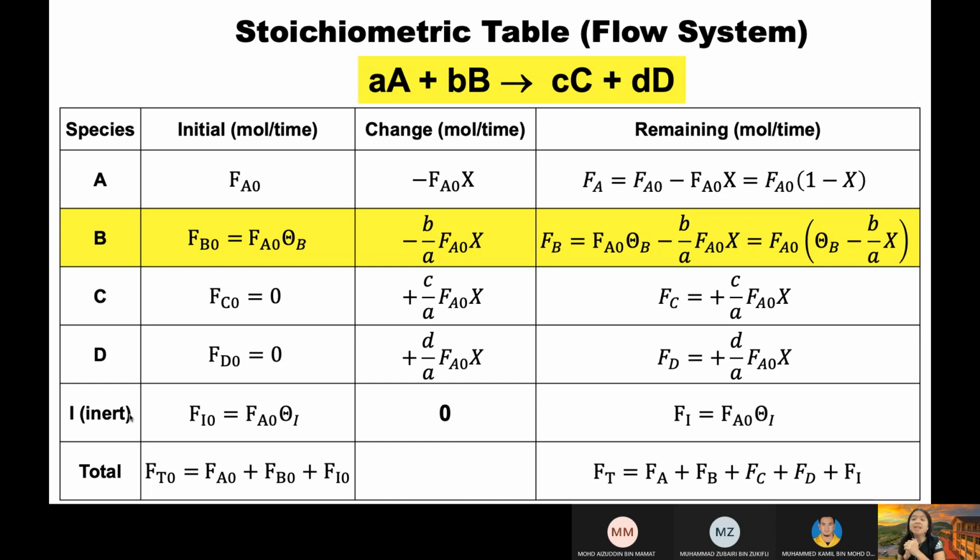So say there are compounds that are in the system but not involved in the reaction. Normally we call it inert. Inert means the thing is in the system but it does not react. So if it is in the system, we will have a row especially for it, if there is an inert in the system.